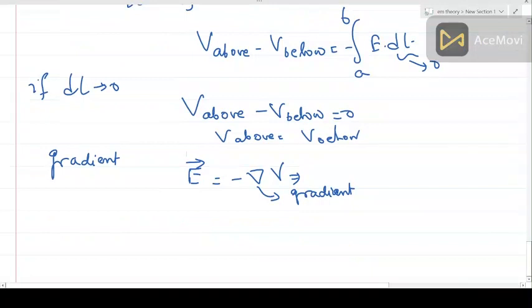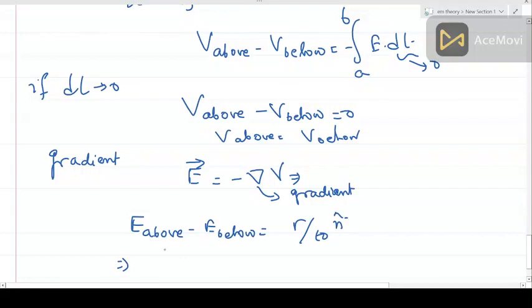So you can write the equation for the electric field that we have obtained in terms of potential. What we have seen, E above minus E below, we expressed as sigma by epsilon naught times the unit vector n.